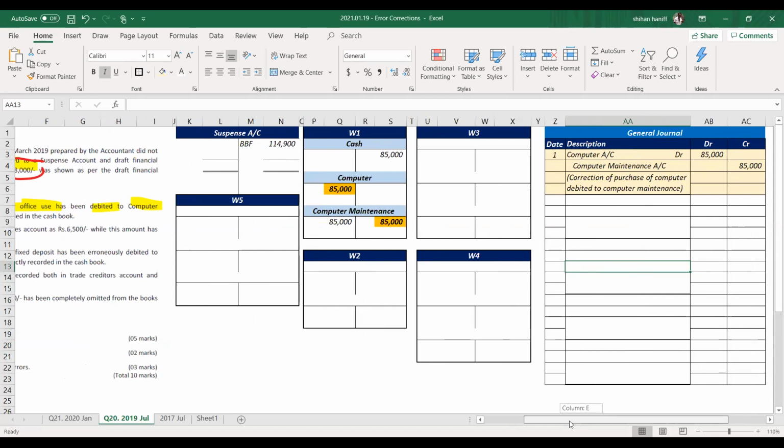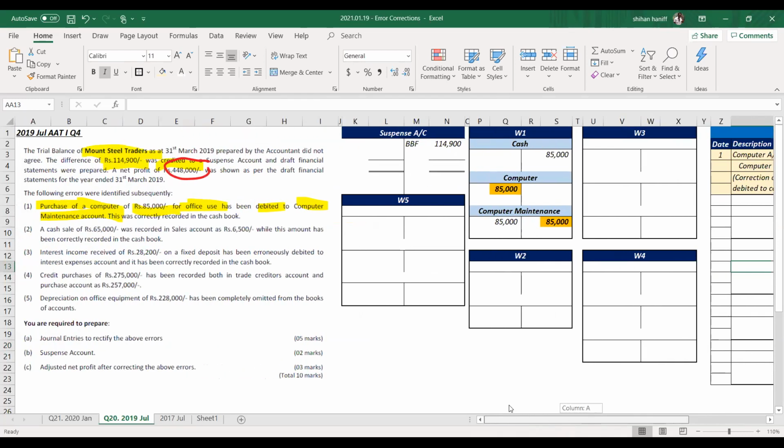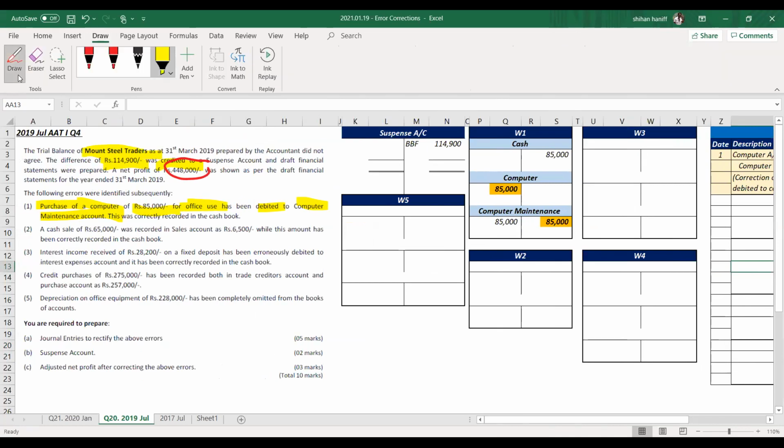Right, so let's do the second one, number 2. Cash sales 65,000 was recorded in sales account as 6,500, while this amount has been correctly recorded in the cash book. Right, so can you tell me this one?